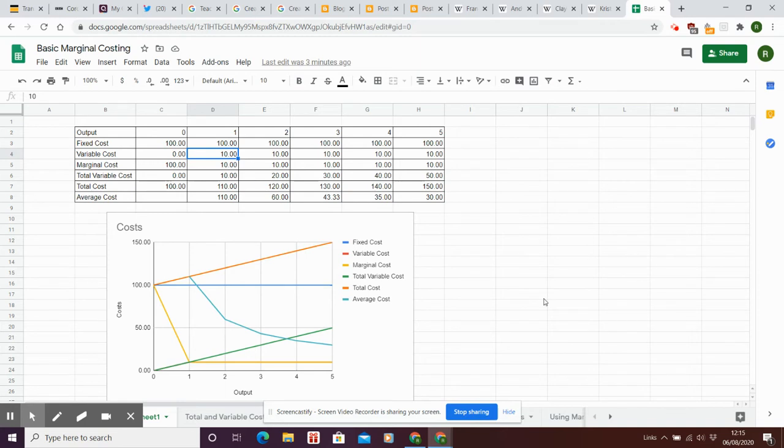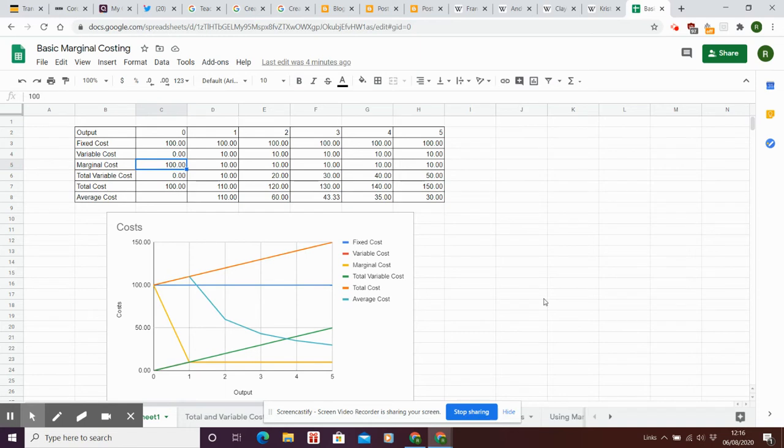And as you can see here, the variable costs, I've put that in there as being the marginal cost. Now, just a little bit here just to explain why there is a difference between marginal cost and variable cost. Some people would put the marginal cost of one unit as being 110 because we have to have the premises to make the one unit.